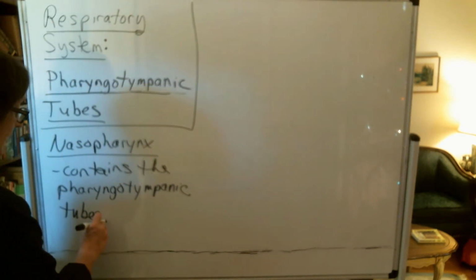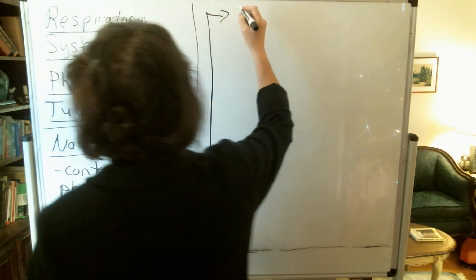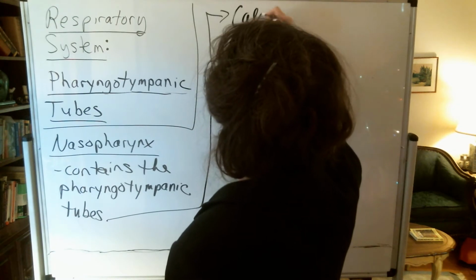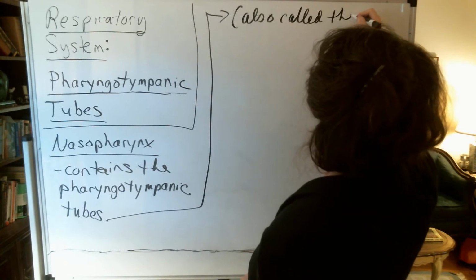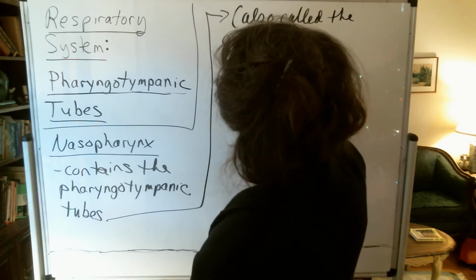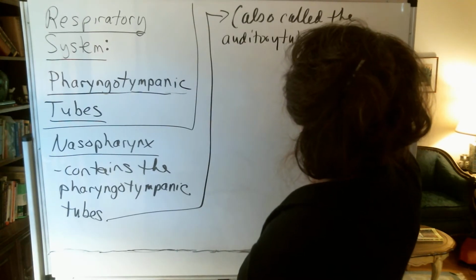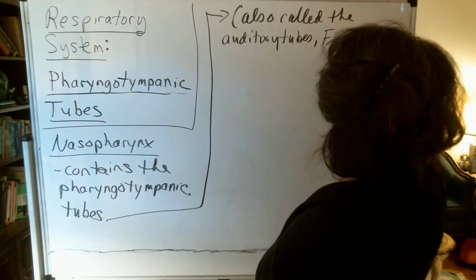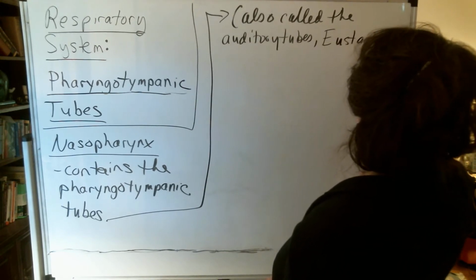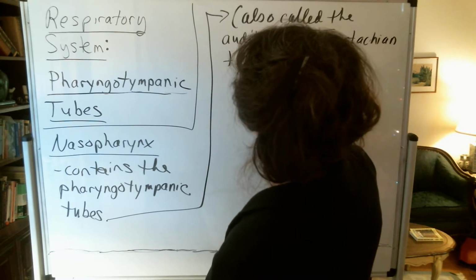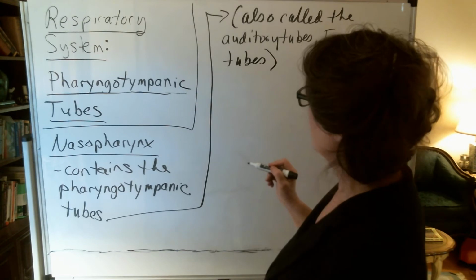There's one on each side, and I'm just going to tell you these are also called the auditory tubes. And you will also see them called the eustachian tubes. These are all names for the same thing.